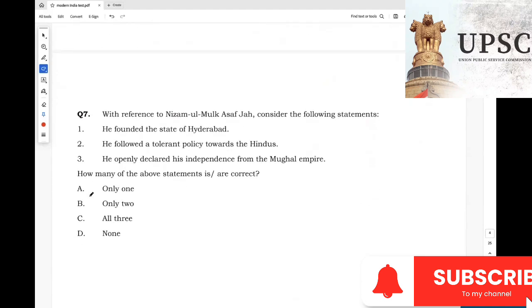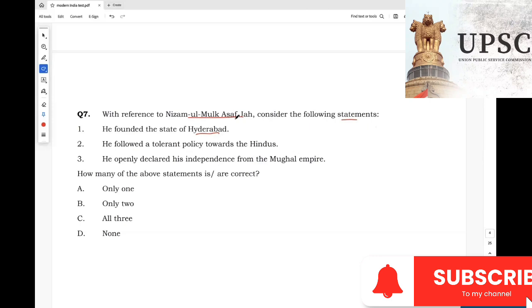Now we are with the independent empires. With reference to Nizam-ul-Mulk Asaf Jahan, that is Hyderabad, obviously. Consider the following statements. He founded the state of Hyderabad. See, there are two Hyderabads. Two days back, I received a message from a student asking, sir, was Hyderabad also extended to the Sindh region?